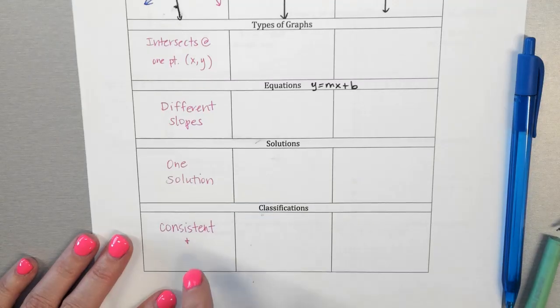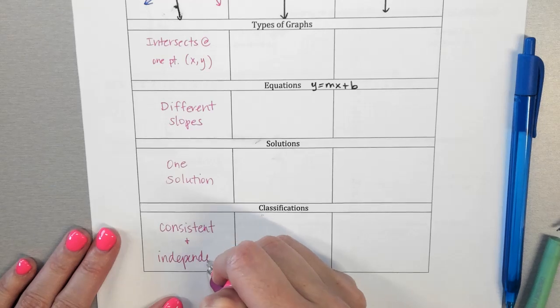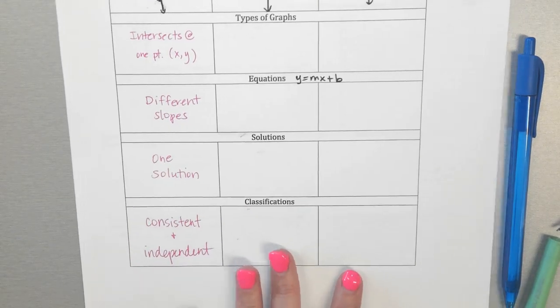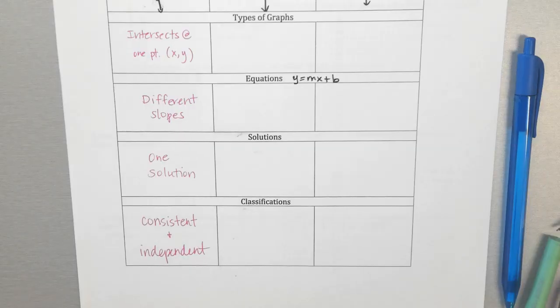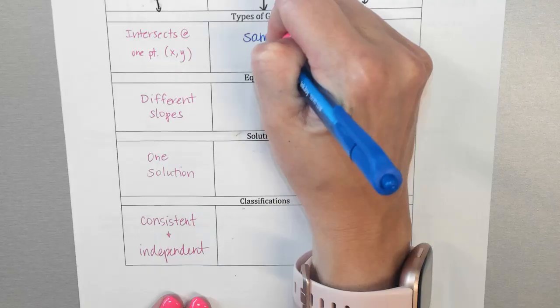So it's consistent, this is my and symbol, and independent. Okay, consistent and independent. Okay, and then the next line we're going to do is the same line.